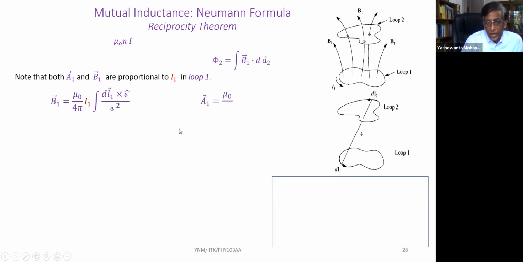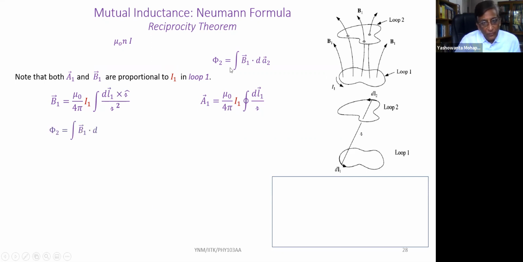Similarly, A1 is also proportional to I1: if I'm moving an I1 here, this is dl1 by r. R, of course, is from any dl to the other part in the loop, that is my curly R. What is important is B1 and A1 are both proportional to the source current I1.